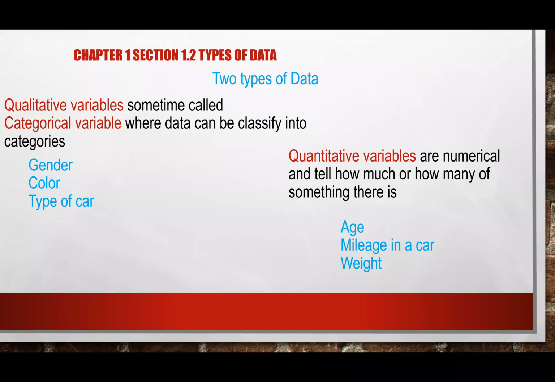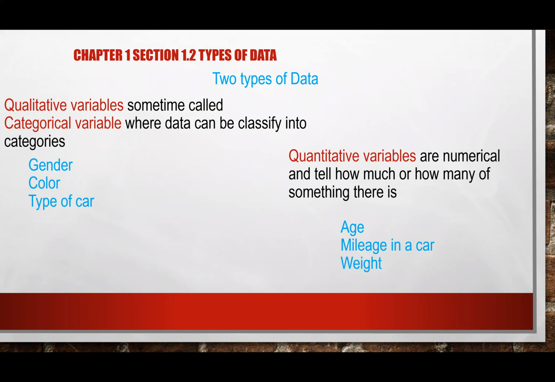As long as you can put your data or variable into different categories, then it is qualitative. Gender is qualitative, color is qualitative, or the type or model of a car is qualitative. Quantitative is the amount, the actual number of items you have. So the age, which is numerical, or the mileage of your car, or the weight. Those are quantitative.